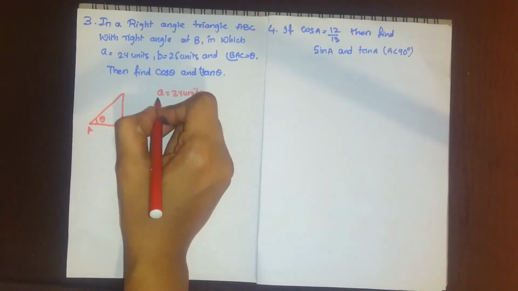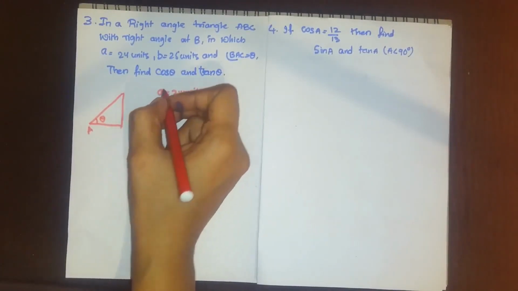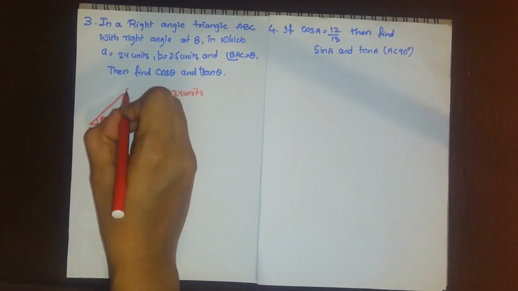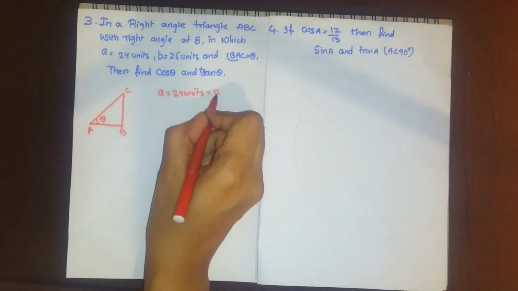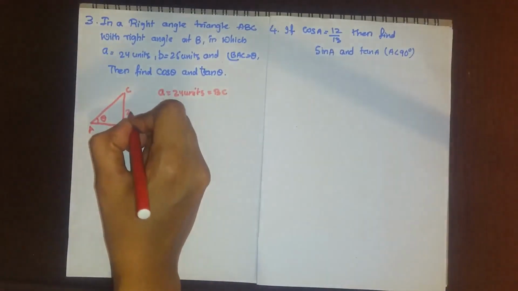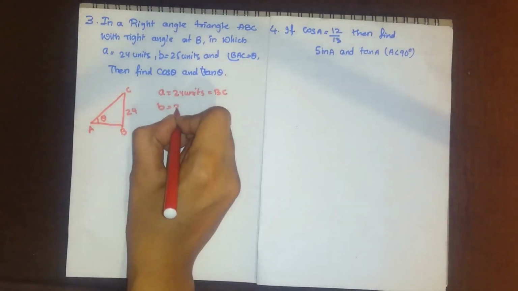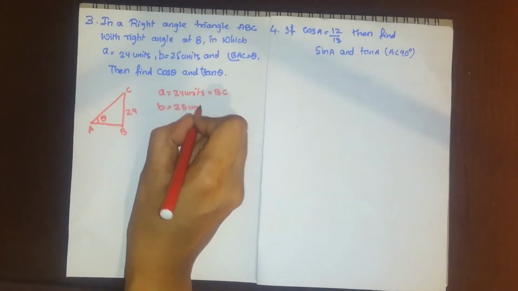What does that small a represent? It represents the length of the side opposite to angle A, which is BC. So BC is 24 units.